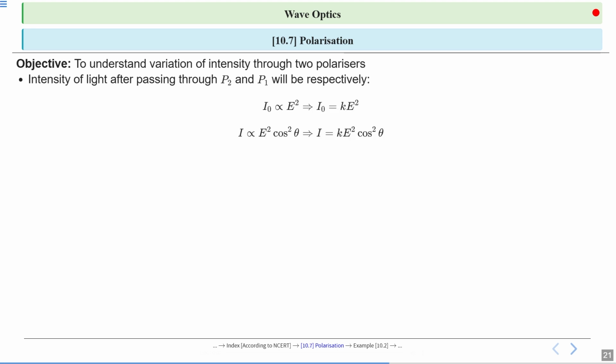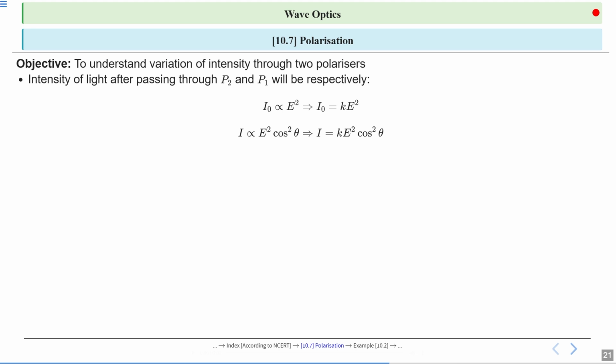So let's look at the equations that we have discussed. This describes the intensity. Initially, the intensity I naught is proportional to the square of the electric field E, represented as I naught equals K E square. After passing through a polarizer or analyzer, the intensity I is proportional to E square cos square theta.